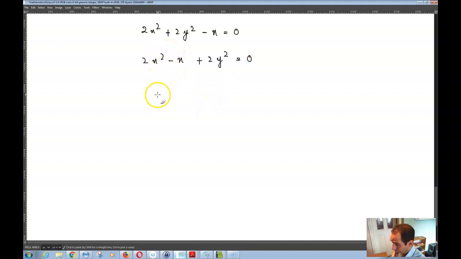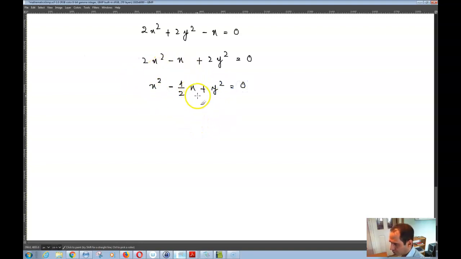Now, in order to get the perfect squares over here, what I'm going to do is that I'm going to divide this whole equation by 2, meaning that I write x squared minus 1/2 x plus y squared is equal to 0.